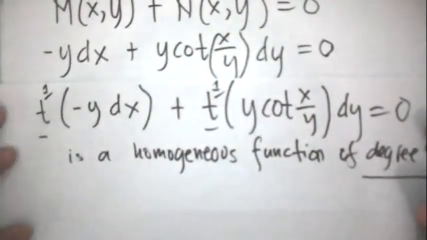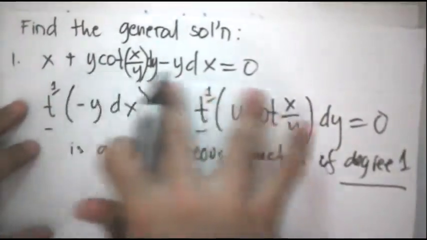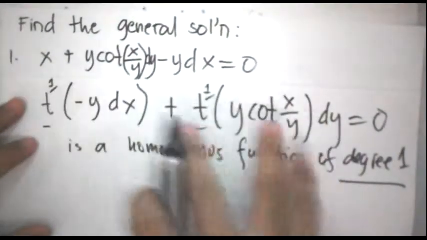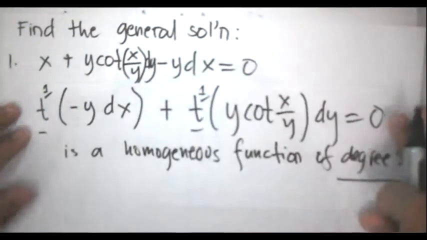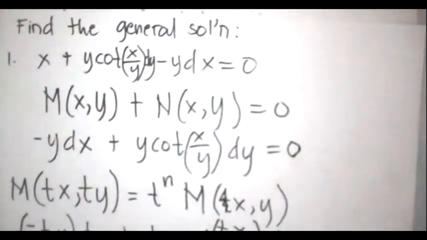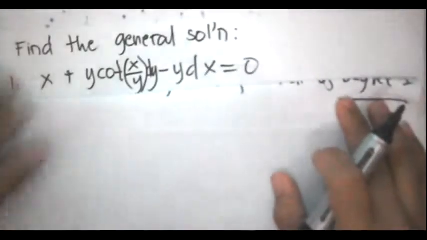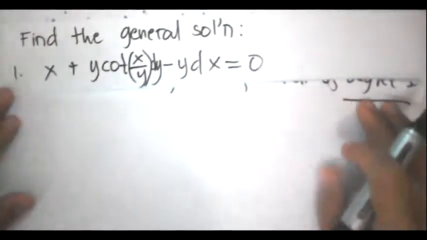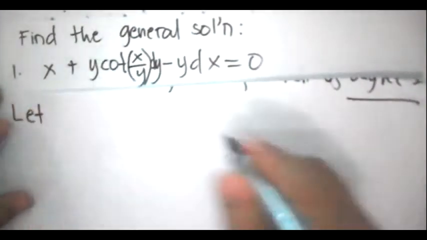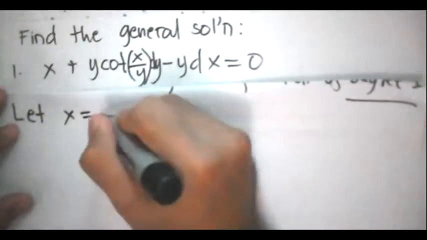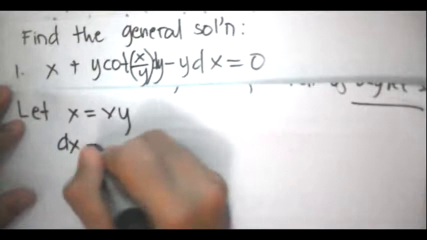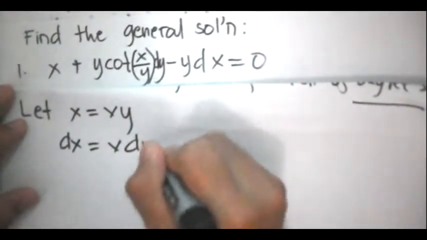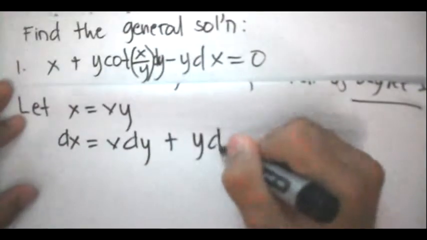Okay, so now we did prove that this is a homogeneous differential equation. Now we have to find the general solution of this equation. First we let x equals vy, so dx is equal to v dy plus y dv.